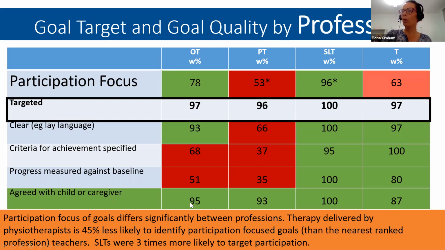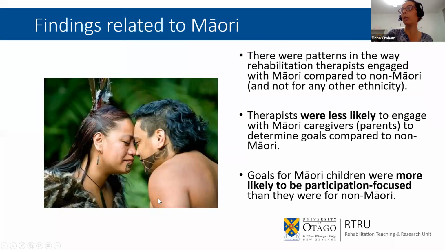And while all of the ratings around agreed with the child or caregiver, any evidence at all that the goal statement reflected discussion with caregiver or caregiver concerns, it does make me wonder why it wasn't 100% for everyone in family-centred paediatric services. So I think, although high, this is an interesting one to really think about. Now, there were also patterns for Māori.